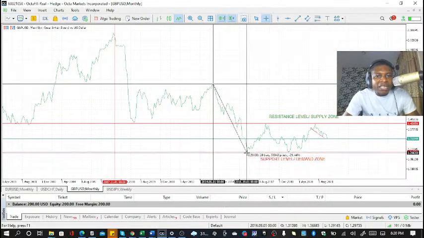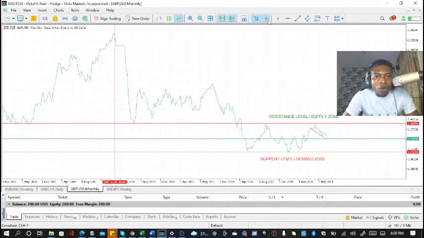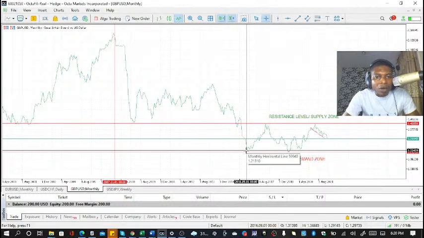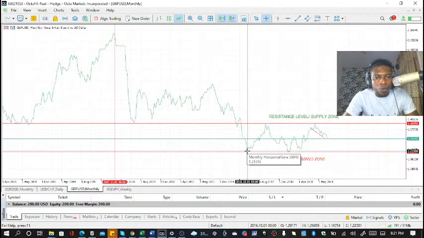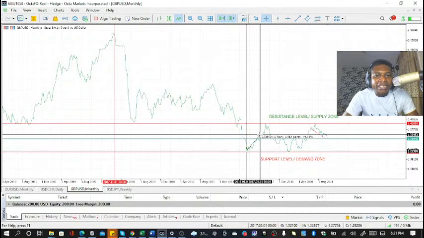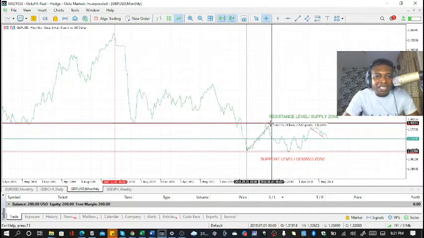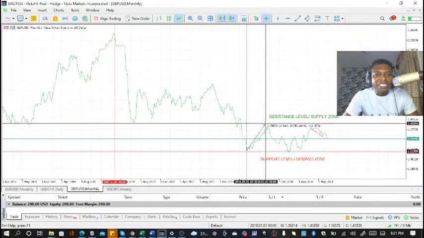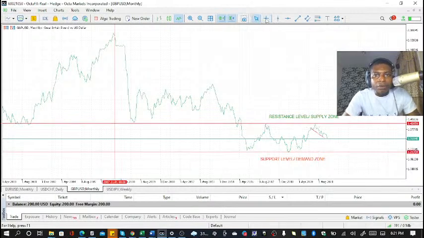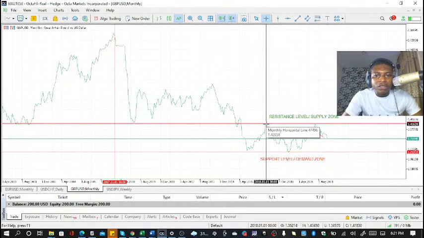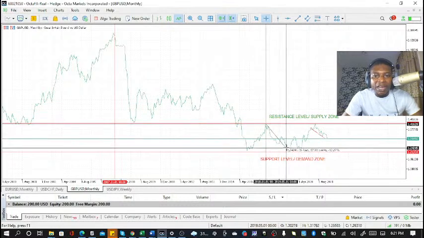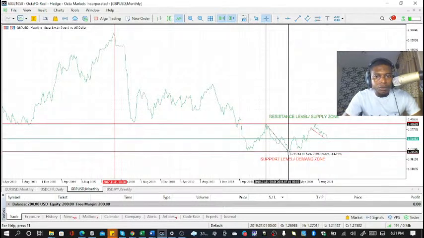Why? Because buyers are willing to buy at this level. So they keep buying up to this level. When they got to this resistance level, this supply zone, they decided to sell. And when they sold at the supply zone, that's why we saw price fall to this level.